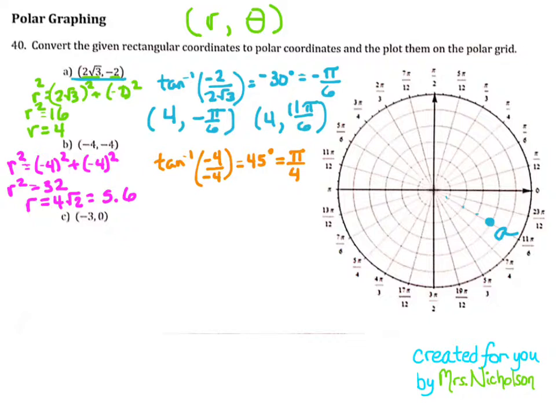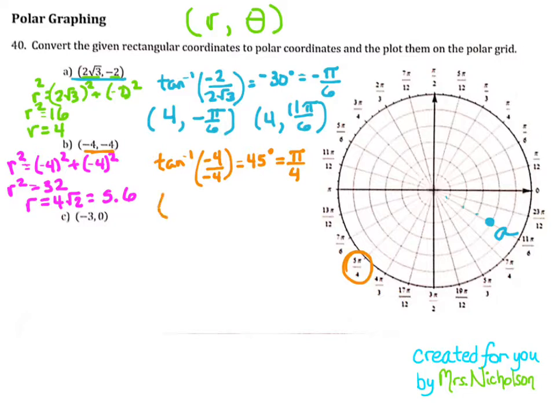Now again, we've got to think about the quadrant here. If I think about my point, negative 4, negative 4, that needs to be in quadrant 3. And so this has got to be an angle over here in quadrant 3. And if I go pi over 4 into quadrant 3, that's going to correspond to 5 pi over 4.